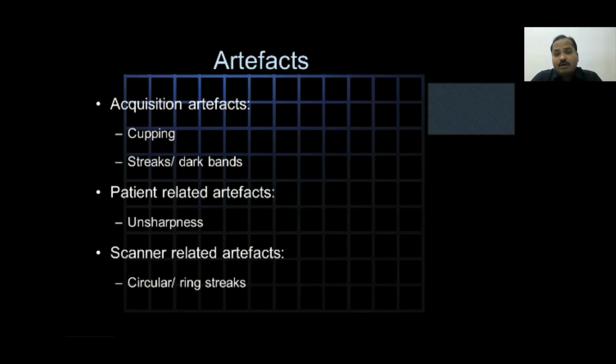Streaks or dark bands can be seen as acquisition artifacts. Then patient-related artifacts can be seen as unsharp image areas where patient motion has occurred. Then scanner-related artifacts are seen as circular or ring-shaped streaks when the scanner has certain discrepancies in detection or X-ray production.